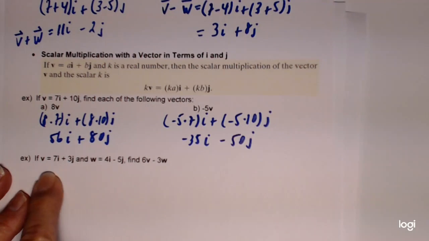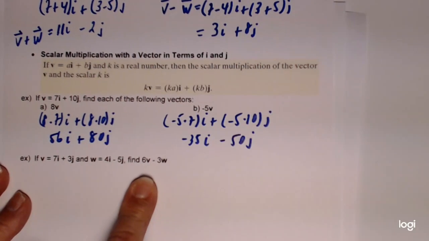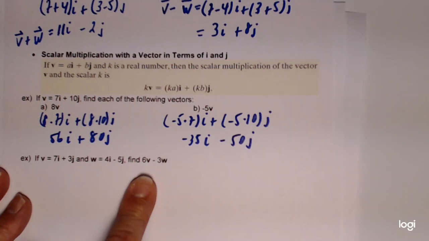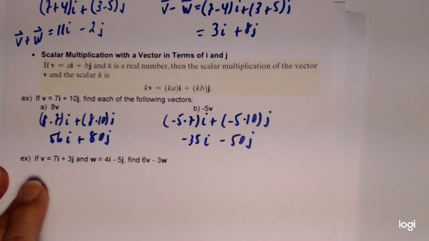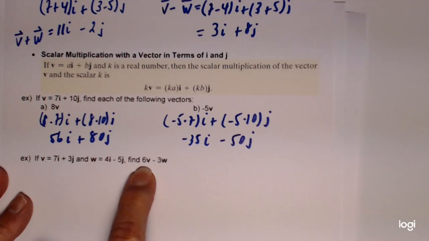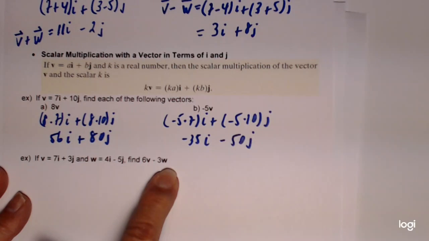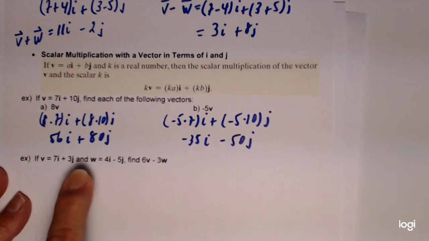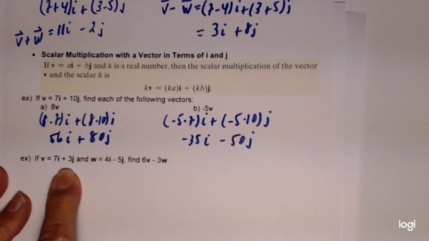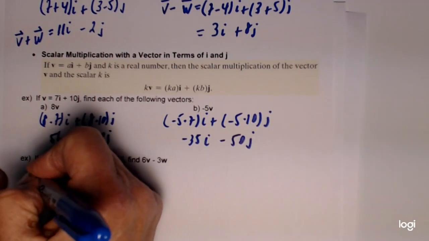And now for this final example of a scalar multiplication, we're going to combine two things. We're going to combine two scalar multiplications, because we're going to multiply vector v by 6, and then we're going to multiply vector w by -3, and then we are going to be adding these two vectors. So first, let's take a look at 6 times vector v.